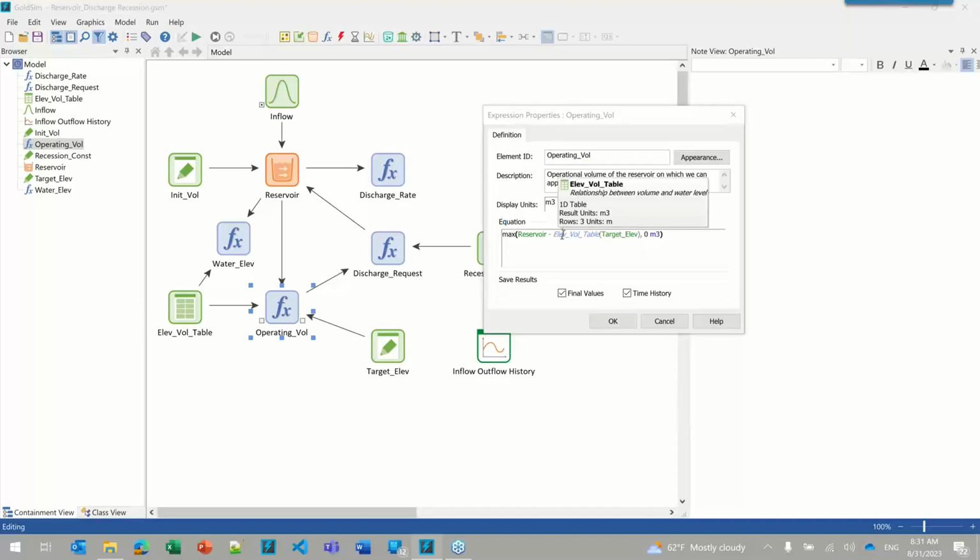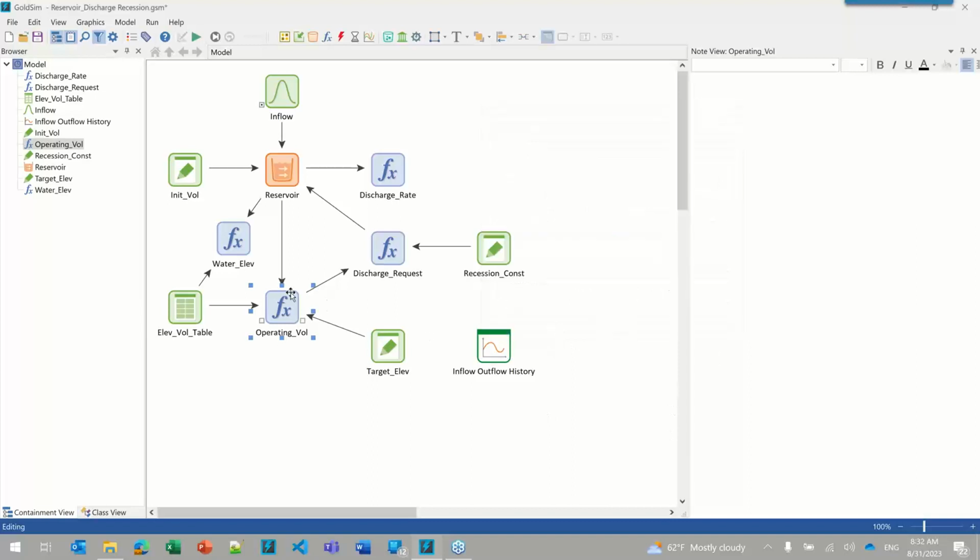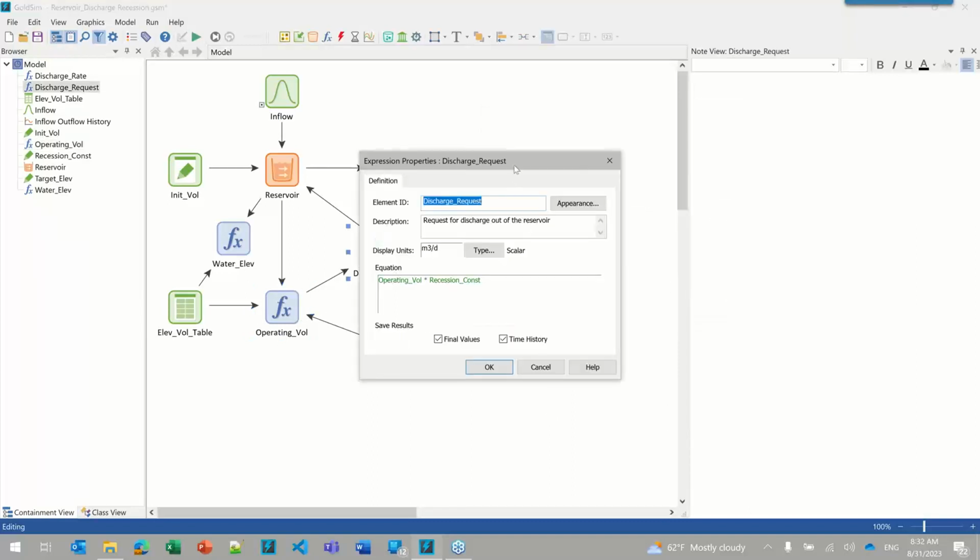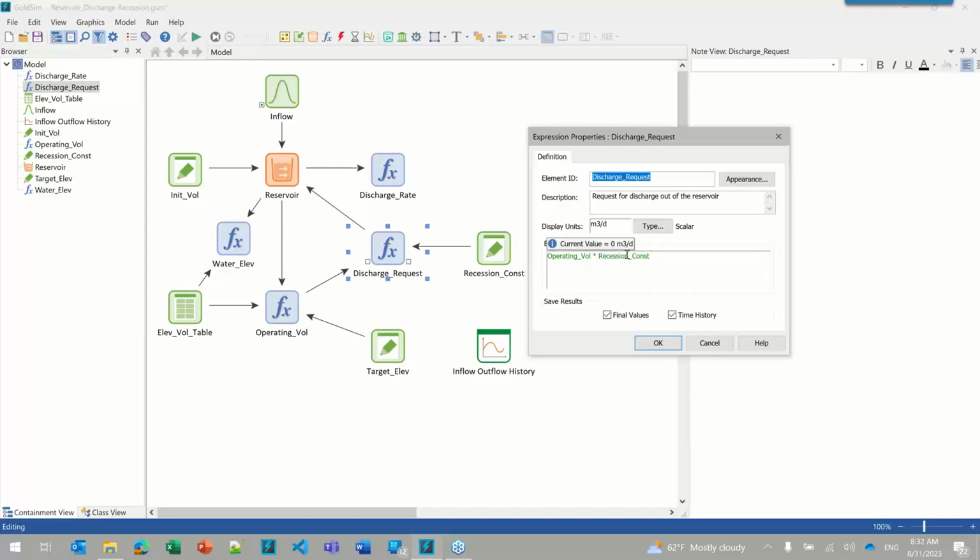So I'm doing another lookup on that elevation volume table at the target level, and I figure out what that volume would be. That's a static volume in this case. I subtract that from the total volume, and then I do a max function of 0 so it doesn't go negative when we're below the target. And then I get that operating volume, and I multiply that by our recession constant.